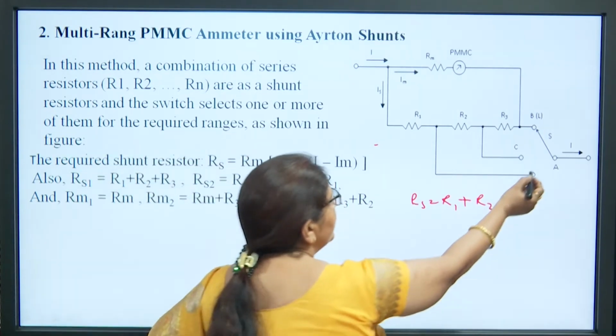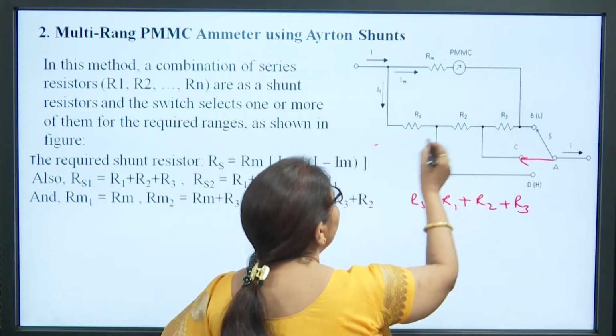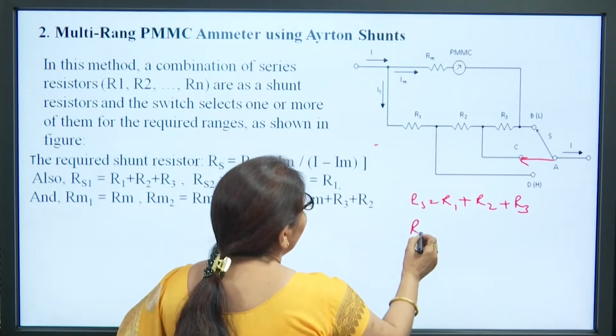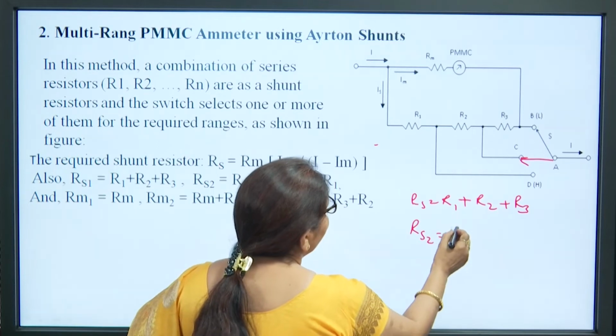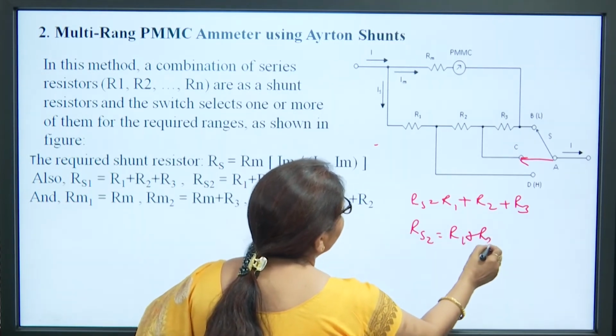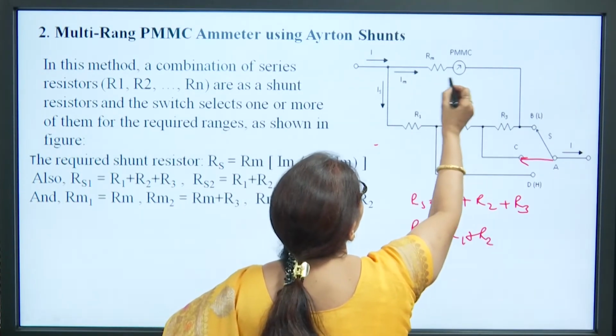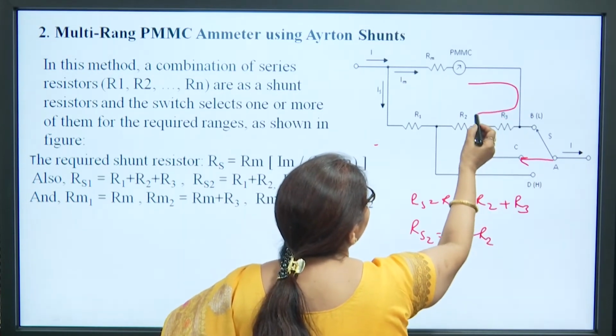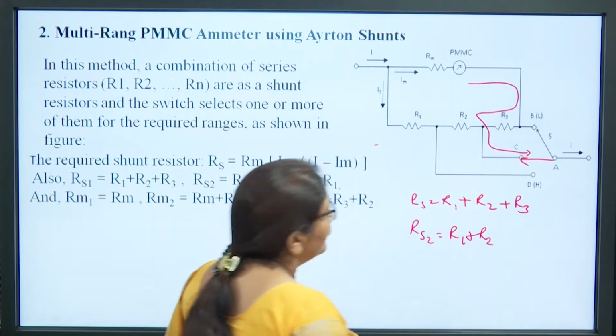When the switch is placed at the second position, it will be R1 plus R2. So, Rs2 will be R1 plus R2, but the current is flowing from here, and then if it is placed at this position then it will flow through this position.